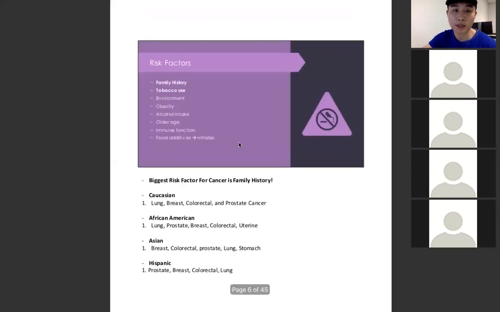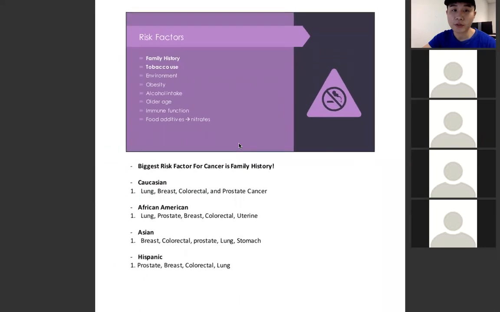Okay, and next we have risk factors. What are the risk factors for cancer? Family history, genetically, especially breast cancer. For example, there will be patients who have a family history of breast cancer, where the mother or the grandma had breast cancer.